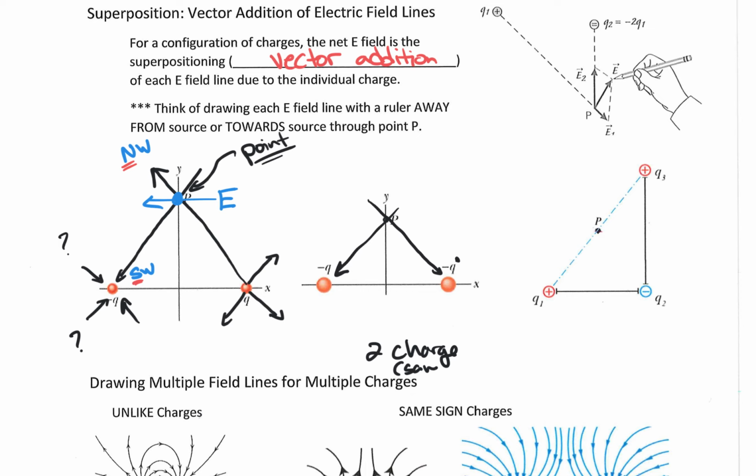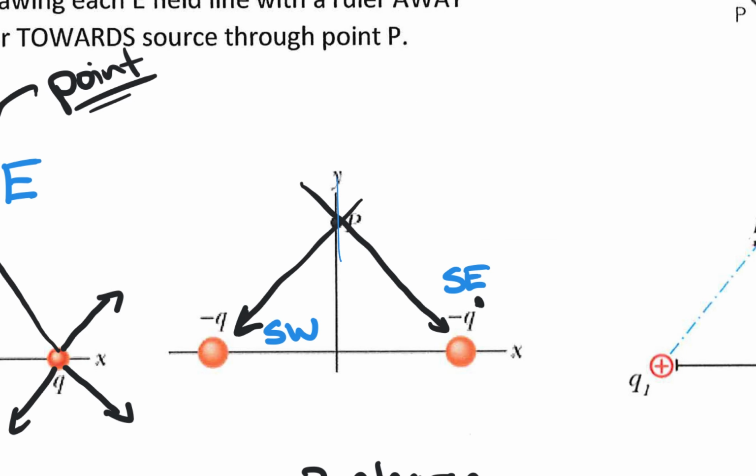I'll label those using everyday language: this is southeast oriented, and this is southwest oriented. In this case, it's not the north and south components that cancel. I bet some of you can see that instead the east and west are going to cancel, and what you get for a net result is a strong, basically vertical electric field.